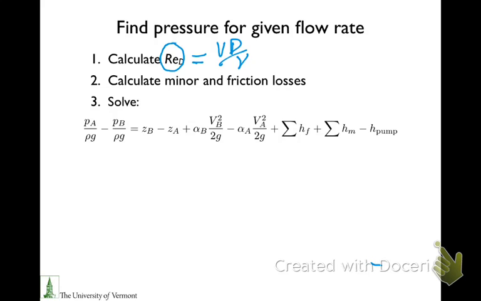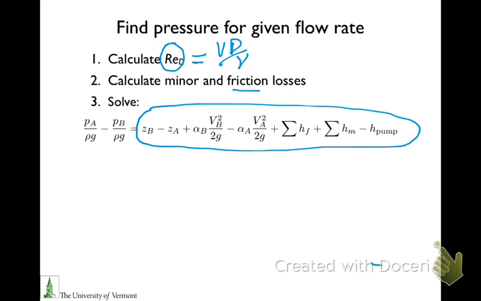From the Reynolds number, you can calculate your friction losses, and from the bulk velocity, you can calculate your minor losses as well. Now everything on the right hand side is known in this equation, and you calculate PA minus PB. So this again is the simplest case.